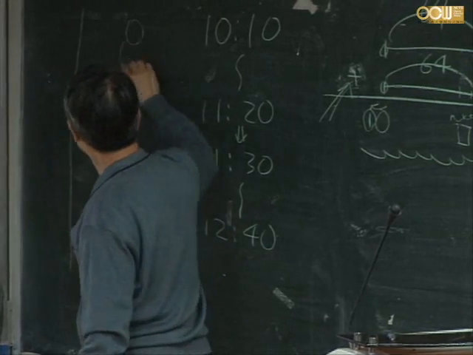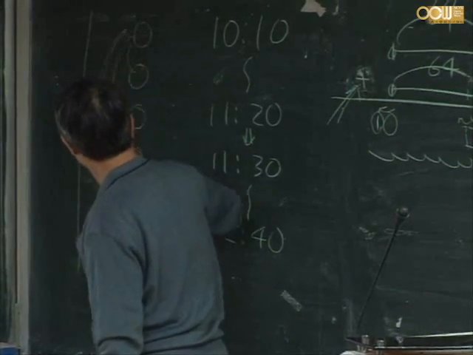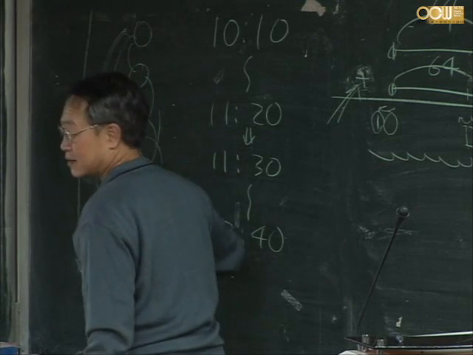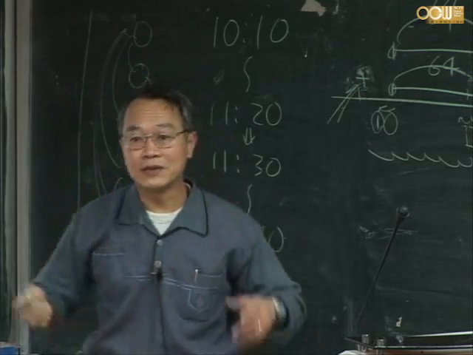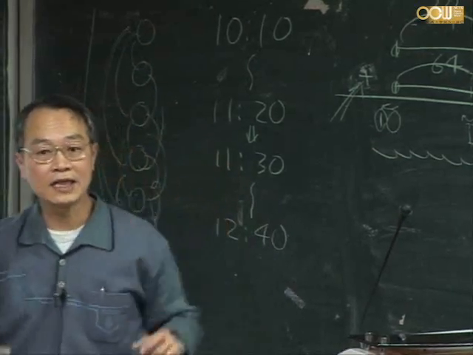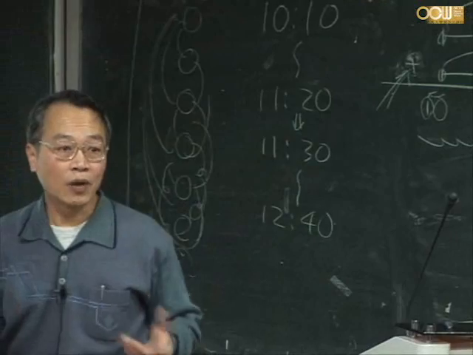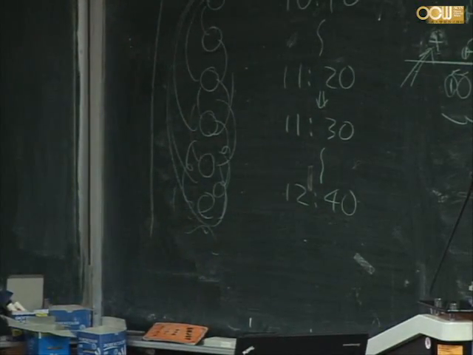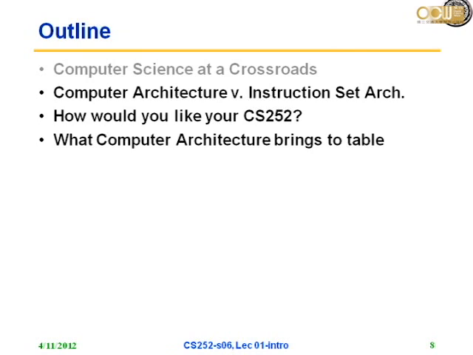I may use full connection. I may use star, I may use ring, I may use multi-stage, whatever, all kinds of regular interconnection networks. Okay? And then we started to teach you something like vector processing, media processing in computer architecture.